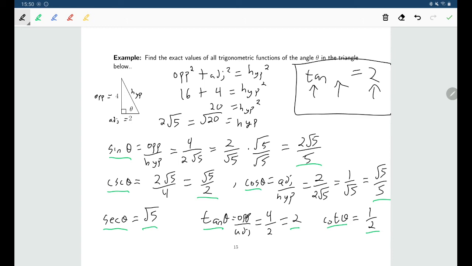Remember that a function needs to have an input, and here the input is the angle theta. So if we want to be correct, technically speaking, we need to write tangent of theta is equal to 2, because if we just said tangent equals 2, that's actually not correct.